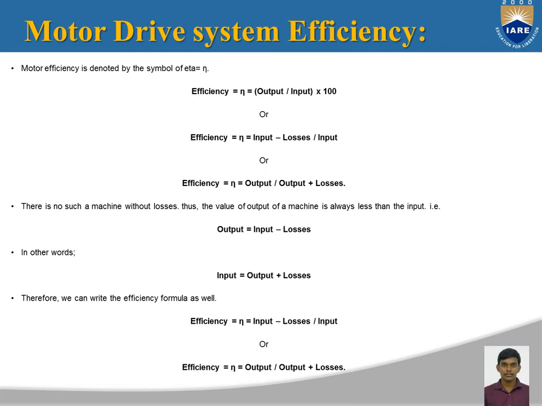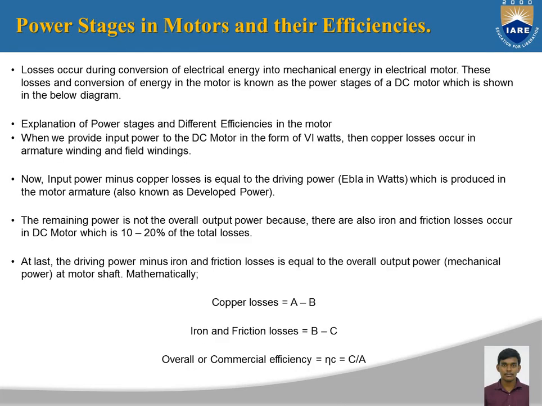So here are a few formulas to find the efficiency of system drives, and here are the power stages in motors and their efficiencies. Losses occur during the conversion of electrical energy into mechanical energy in an electrical motor. Not only in an electrical motor, in every system, when there is a conversion from one energy to another, there are going to be losses. For example, if you convert potential into kinetic energy, definitely there is going to be some loss.